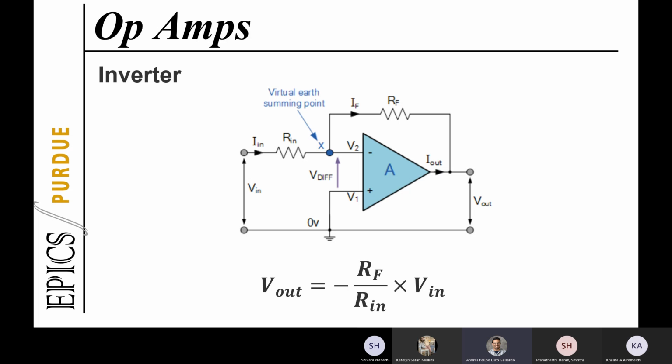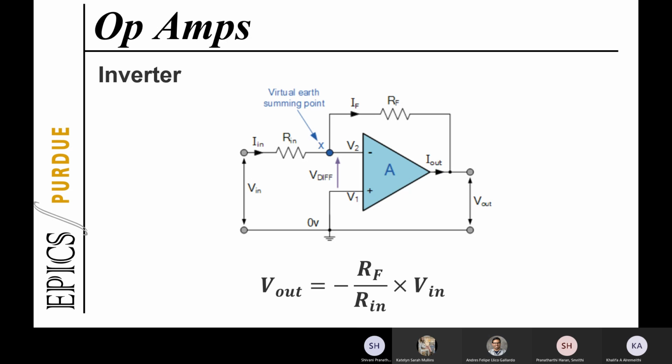We know this input voltage, assuming it is with respect to 0, has to be the same as the voltage across the input resistor, because the point X is equal to 0, and that holds once the difference of these two terminals becomes 0.